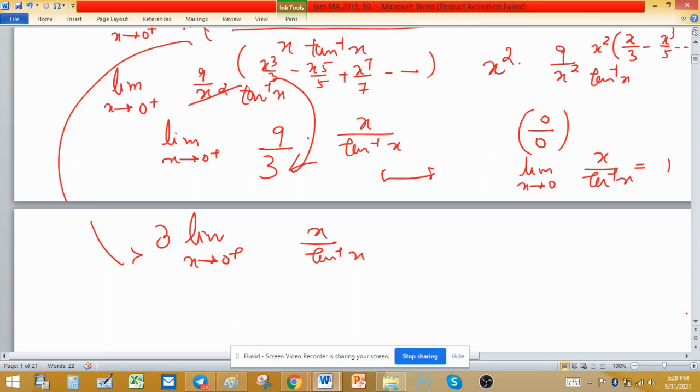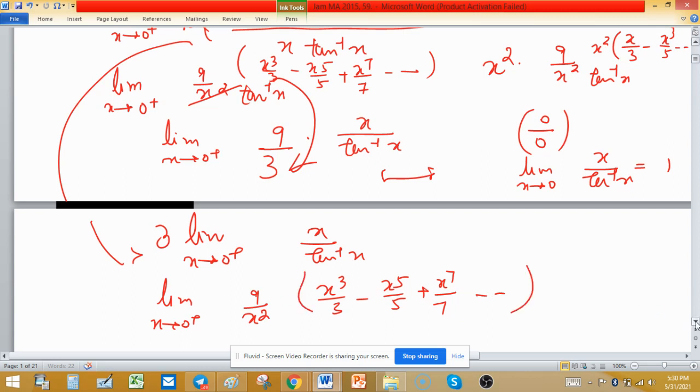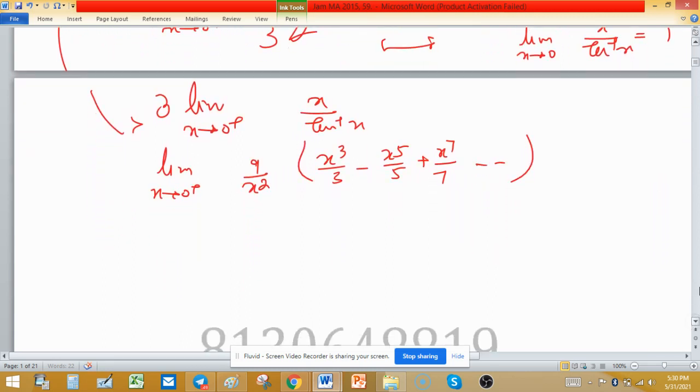In explaining, we have limit x tends to 0 positive, and this was 9 upon x square, x cube upon 3 minus x raised to the power 5 upon 5 plus x raised to the power 7 upon 7, and so on. So you can take x square outside. So 9 upon x square, also tan inverse x in the denominator.